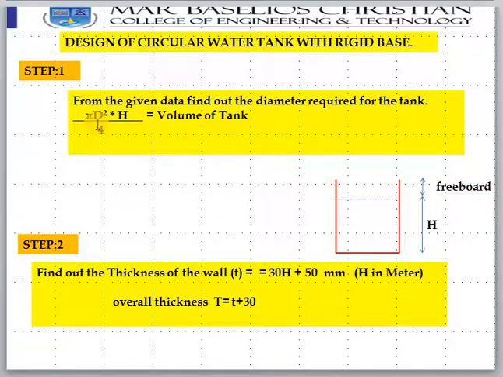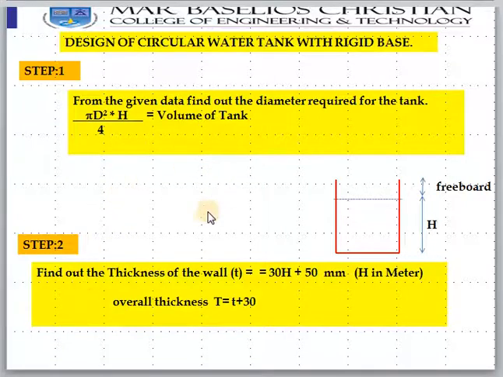If only the volume is given, then you need to assume h. Normally you can assume some 4 meter overall height, from which freeboard is to be deducted. You can take 3 to 4 meter. So the first step is to find the diameter from the given data using the formula: pi d square by 4 into h is the volume of the tank.